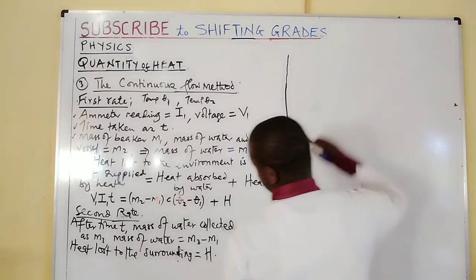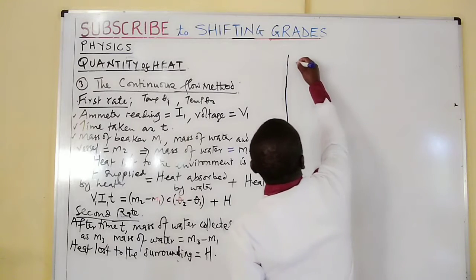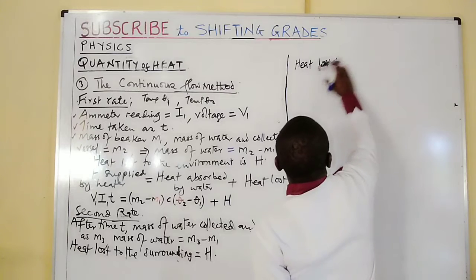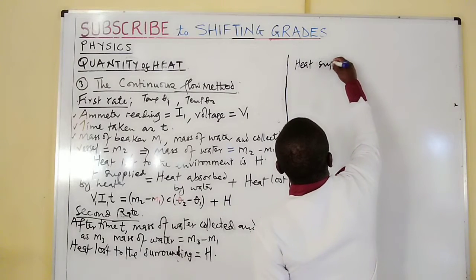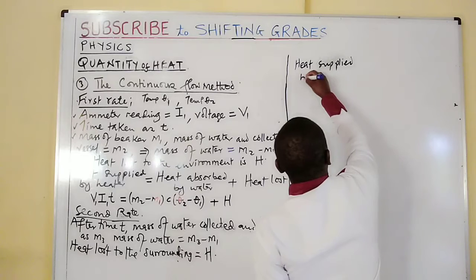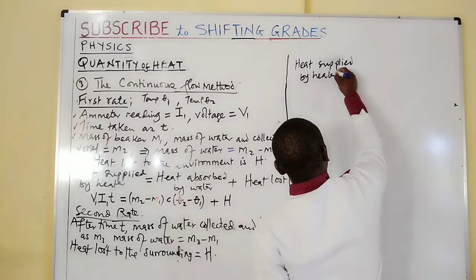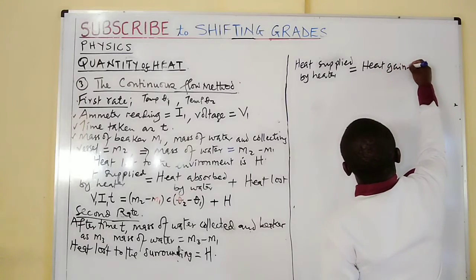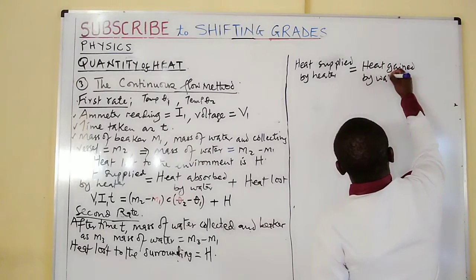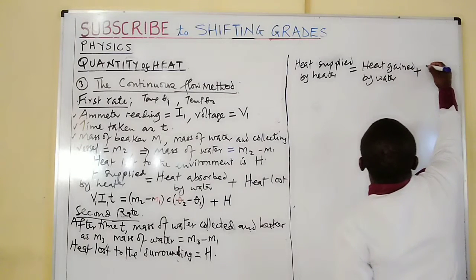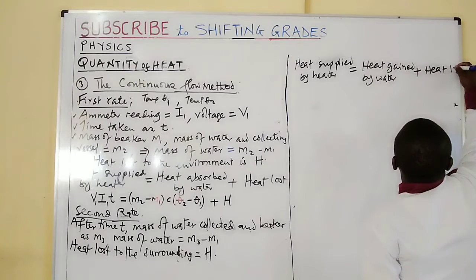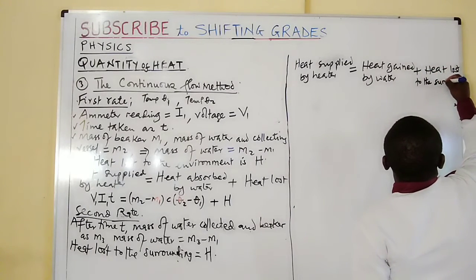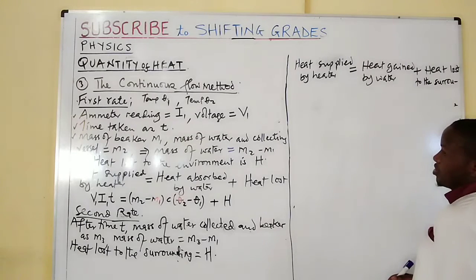Therefore, we say for the second rate now, heat supplied by the electric heater coil will be equal to heat gained by the water, plus heat lost to the surrounding.